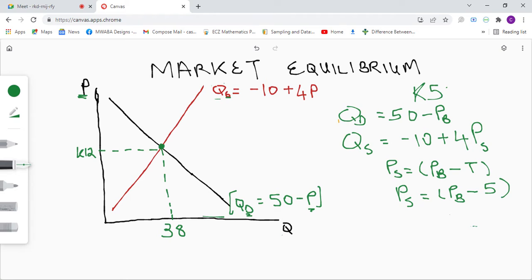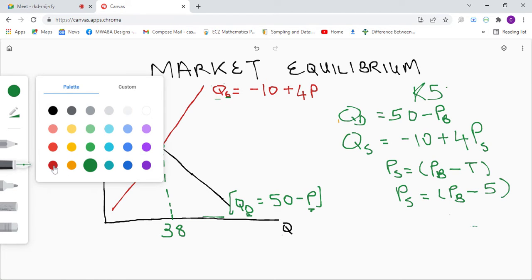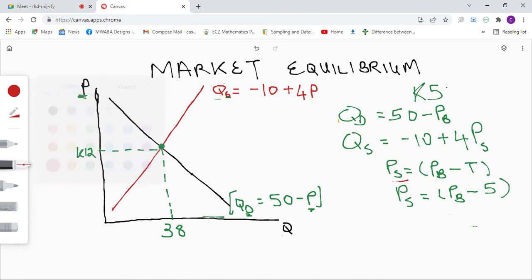We're going to substitute this for PS, replacing PS with PB minus 5.